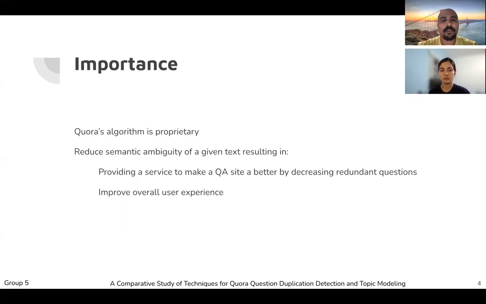We know that one of the main issues in NLP these days is the ambiguity of text. So dealing with text to remove or reduce the ambiguity will help QA websites reduce redundant questions. And this will lead to an improved overall user experience.